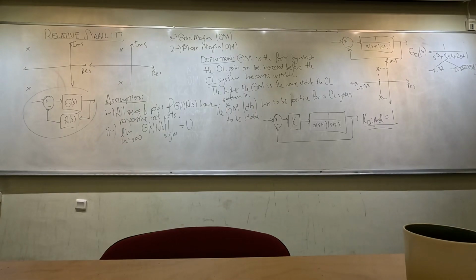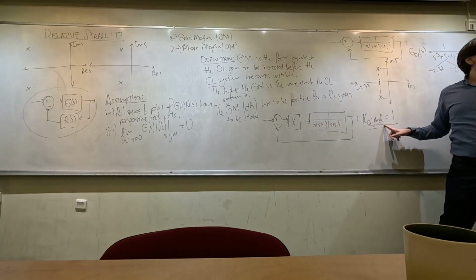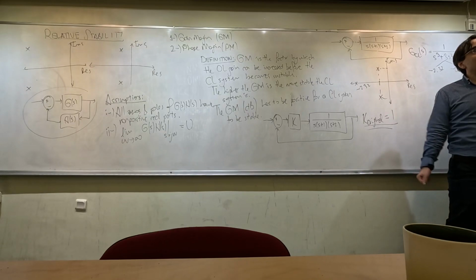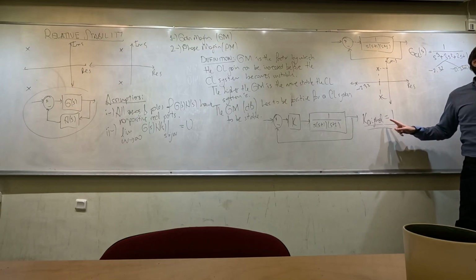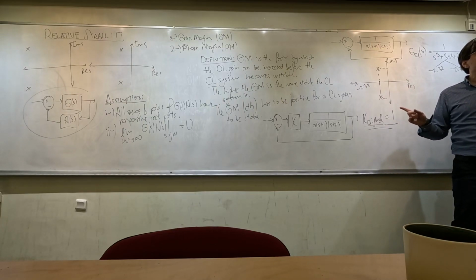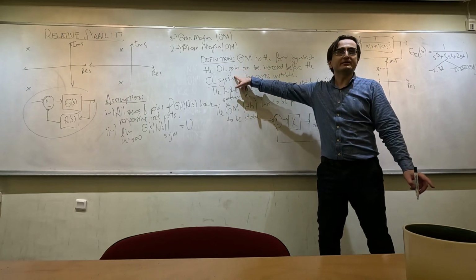Now the question is, how much can I increase this k above its original value such that the closed loop system starts becoming unstable? I will increase the k value from the original value 1, and then I will look at which k value the closed loop system is unstable. This k is called the open loop gain somehow.